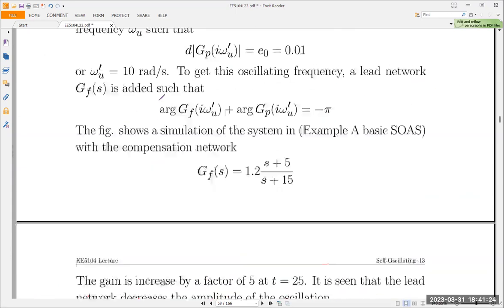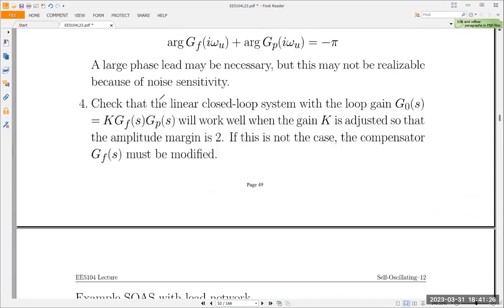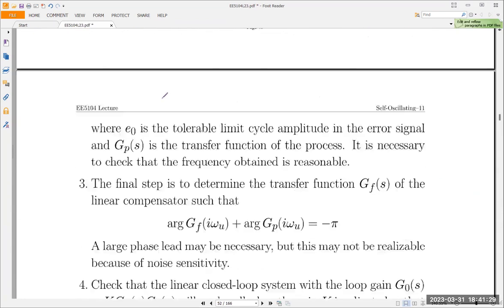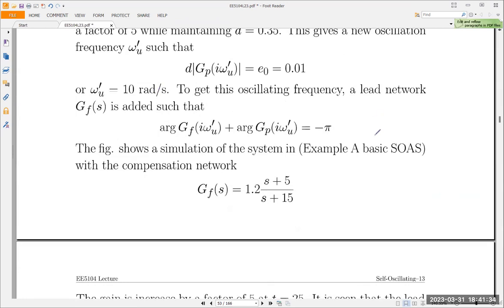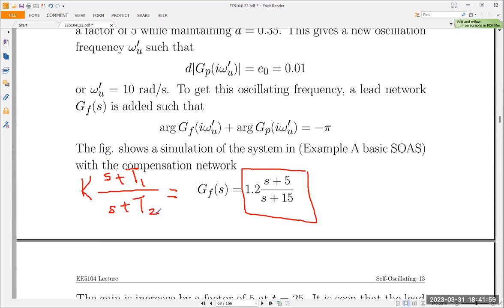Okay, the lead compensator will look like this. Which means the lead compensator has this K into S plus T1 over S plus T2.